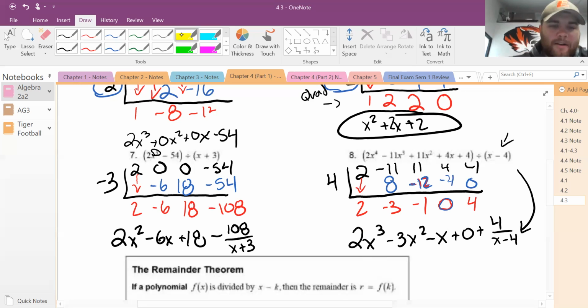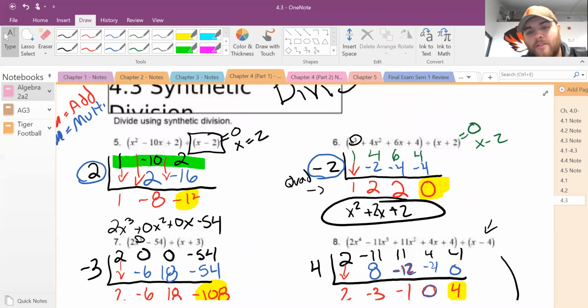Okay, so right here, and it's going to be important, right here, right here, right here, and right here. Those are all our remainders. Okay? All right, so that's basic synthetic division. That's all we're doing. I'm not solving for anything.